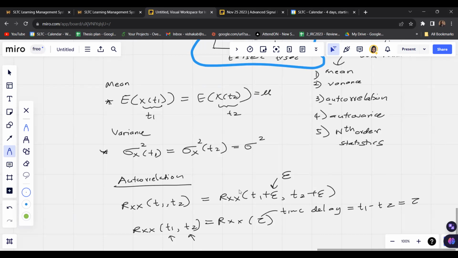So tau is a constant value that is defined. This tau value is not a variable. Because of that, this autocorrelation value is constant for any time instance in the random process, and therefore the autocorrelation value remains the same at each time instance of the random process.